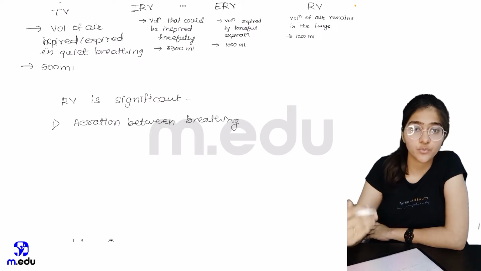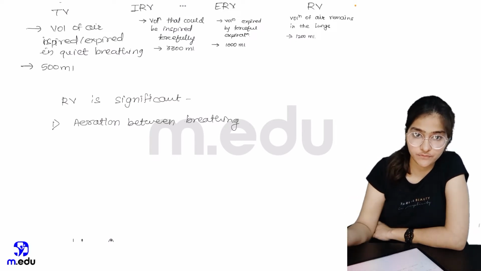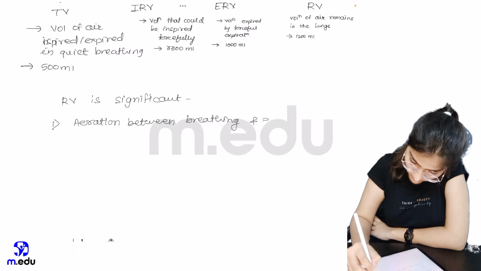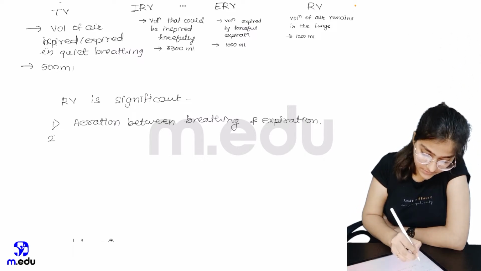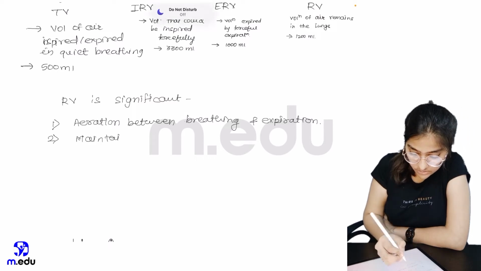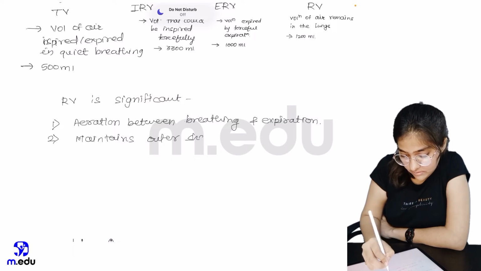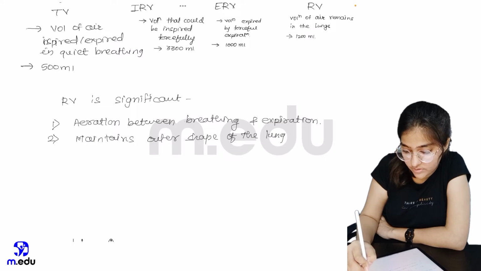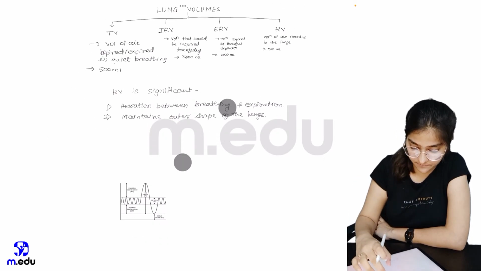That is, when there is no inspiration and there is no O2 present, the residual volume helps in aeration of the blood. The second reason of residual volume is it maintains the outer shape of the lungs. It is responsible for non-collapsible behavior of the lungs.